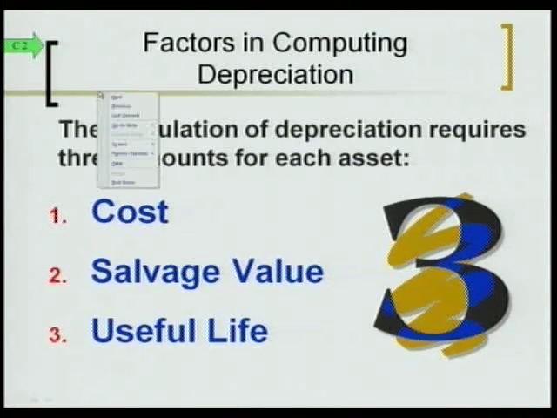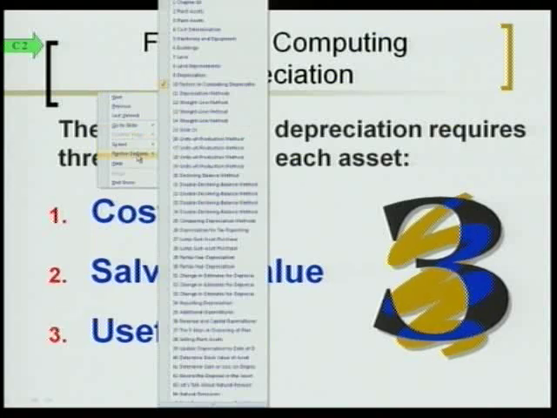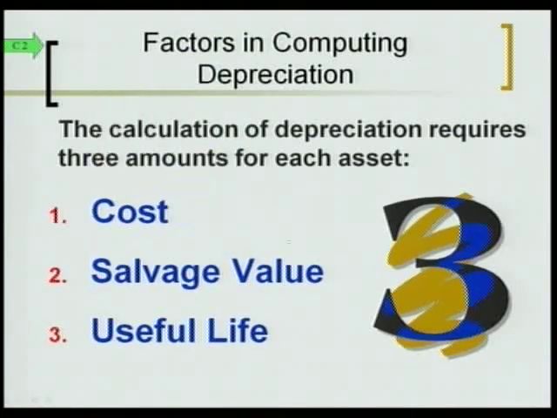Now I want to point out something here that's important. There are 2 of these things that are estimates. Which are they? The last 2. Yeah, this one and this one.